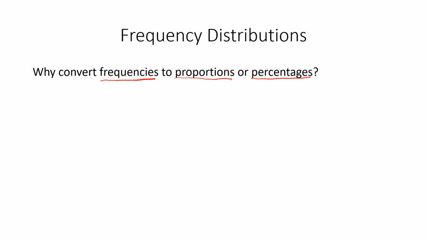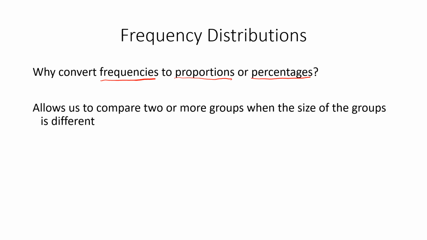Okay, let's discuss it. We convert frequencies to relative frequencies or percentages because it allows us to compare two or more groups when the size of the groups is different. Let's say you have two different groups that are taking an exam.